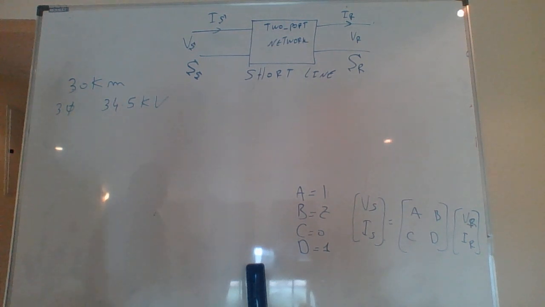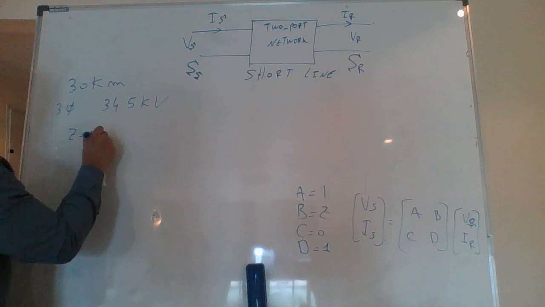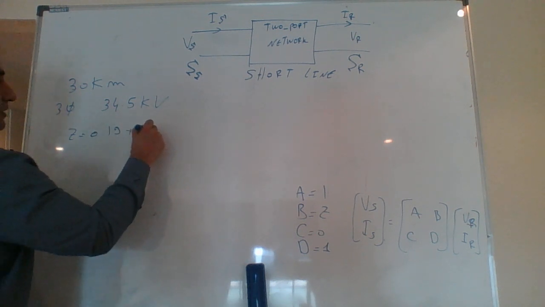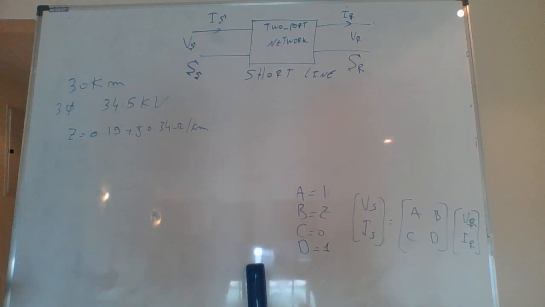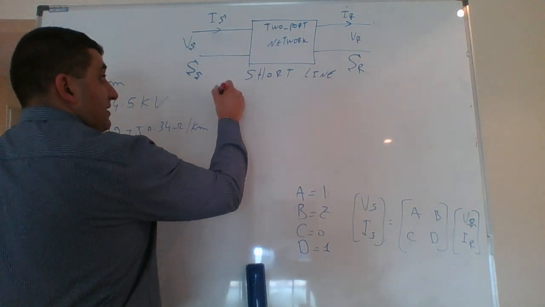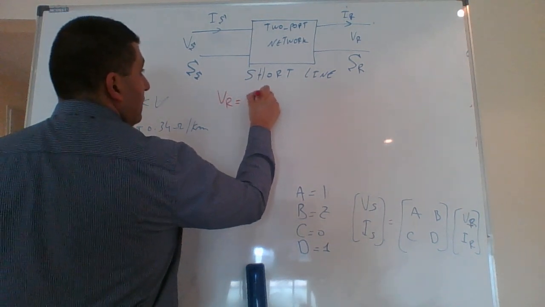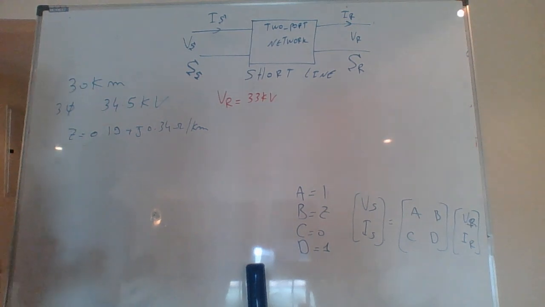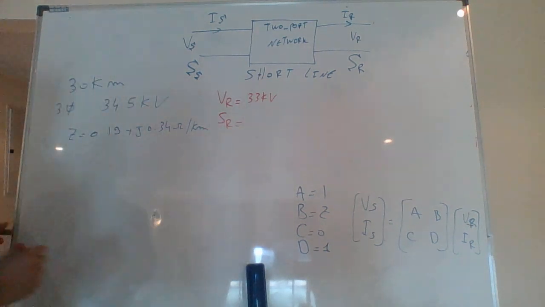The line impedance Z is equal to 0.19 plus j0.34 ohm per kilometer. The system has a receiving voltage, given as V receiving, equal to 33 kilovolt. And the receiving power, S receiving, is equal to 10 MVA.